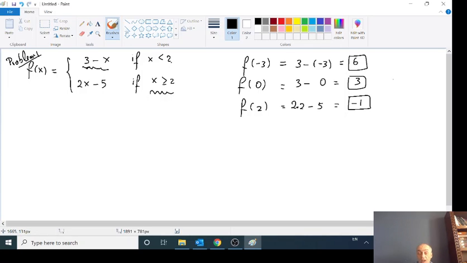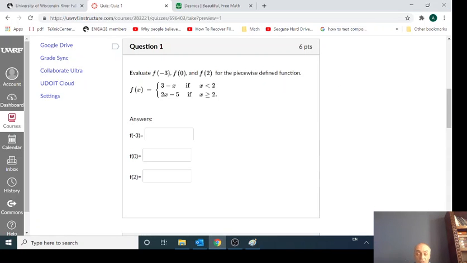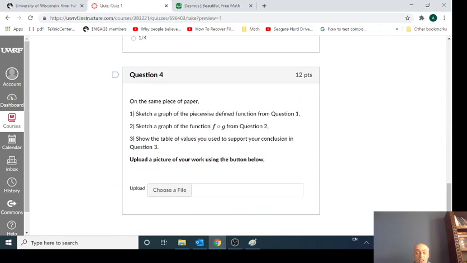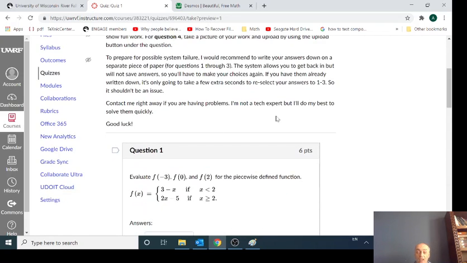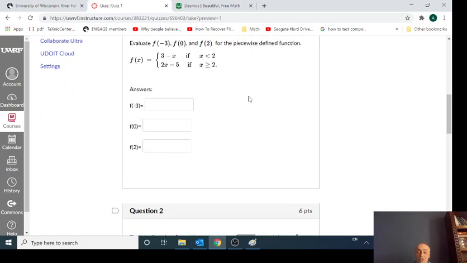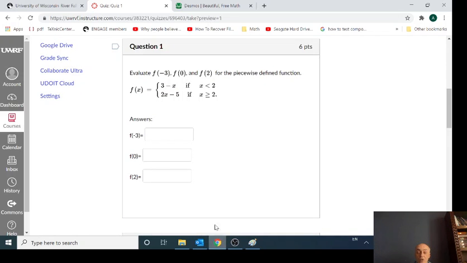Now, since there was a question also, if you look at the end of the quiz, it says here on the same piece of paper, sketch a graph of the piecewise defined function from question 1. So let us actually graph this, and I have decimals ready.